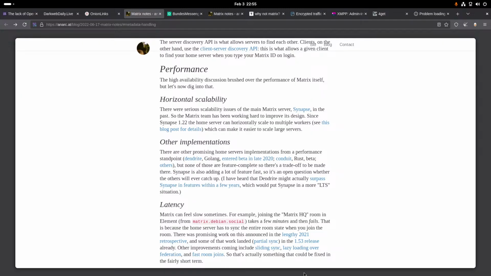There are other promising home server implementations from a performance standpoint: Dendrite, in Golang, entered beta in late 2020, Conduit, in Rust, is in beta, and others, but none of those are feature complete, so trade-offs are to be made there. Synapse is also adding a lot of features fast, so it's an open question whether they'll ever catch up. I've heard that Dendrite might actually surpass Synapse in features within a couple years.